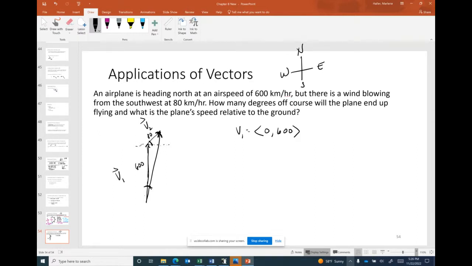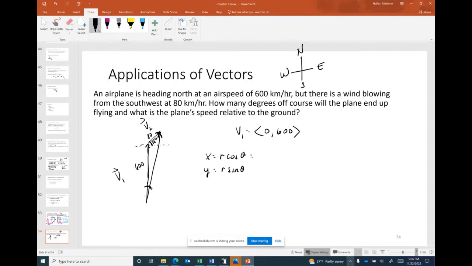We are flying southwest. This is a 45-degree angle, right? So we've got that angle measure. Now to find the components, x is simply going to be r cosine theta, and y is r sine theta. Nice and easy, okay?